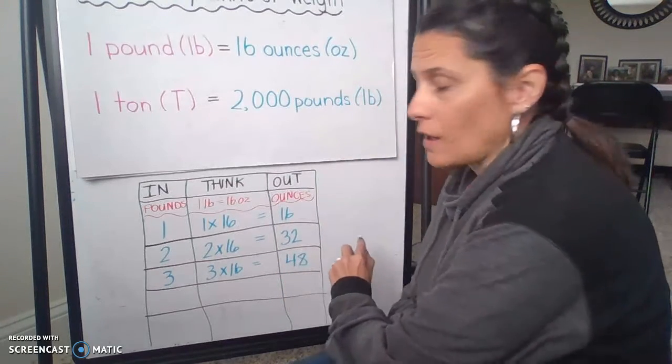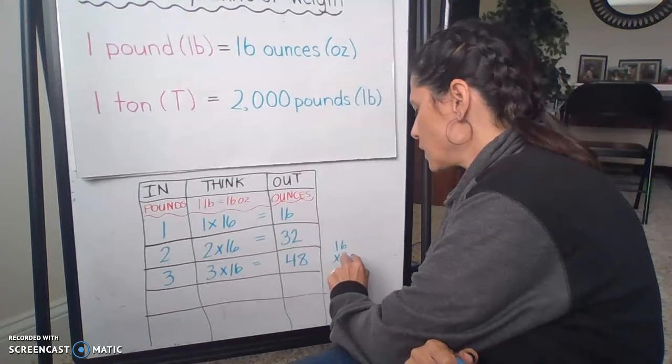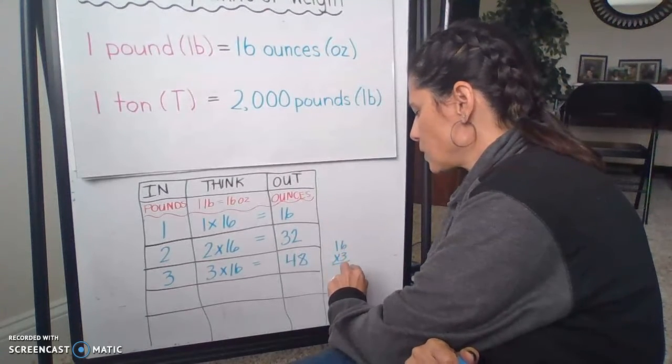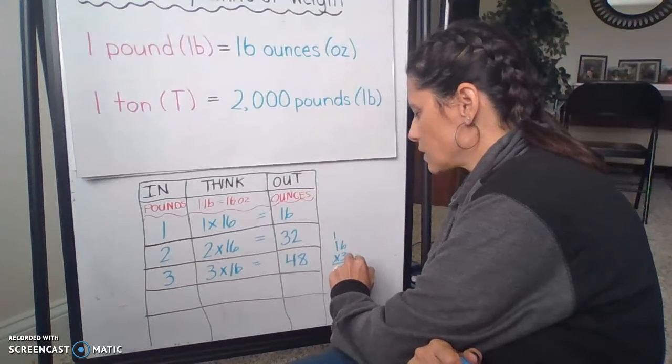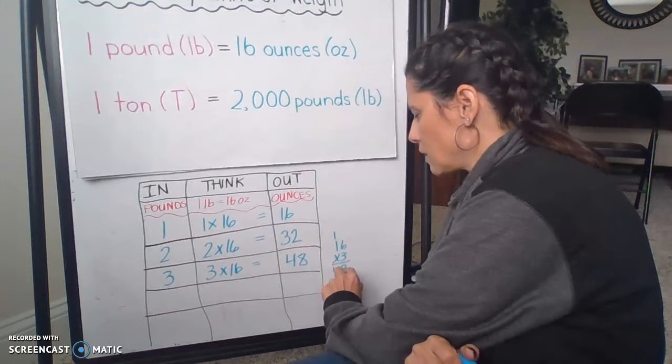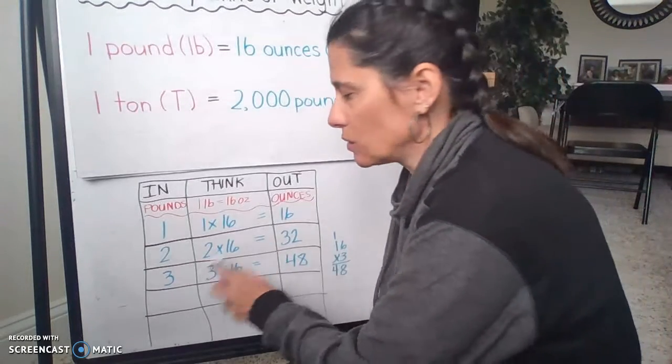Now, if you can't do that in your head, over here on the side, you would write 16 times 3. 6 times 3 is 18. Carry my 1. 3 times 1 is 3, plus 1 is 48. So you might have to do a little thinking over there on the side, too.